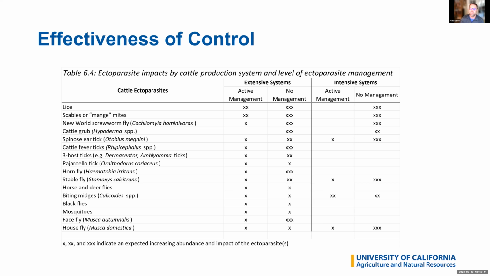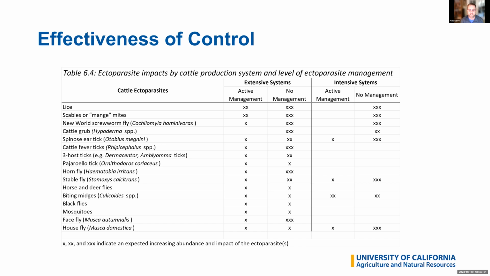So if we ignore the intensive systems over on the right and look just at the columns that say extensive systems in the middle, you'll see there are 2 columns, active management and no management. The number of X's in each of the cells indicates the impact of the ectoparasite to cattle.